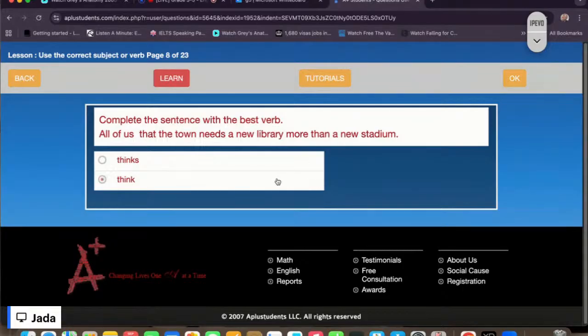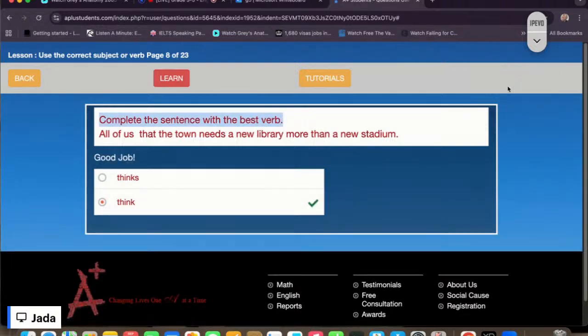So we have think. All of us, it's plural.